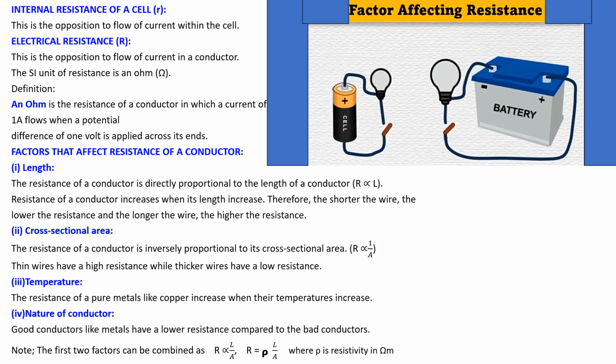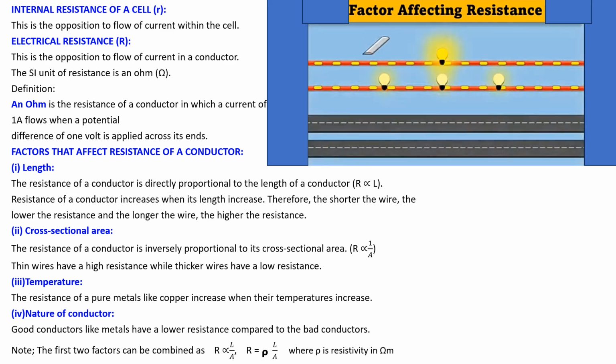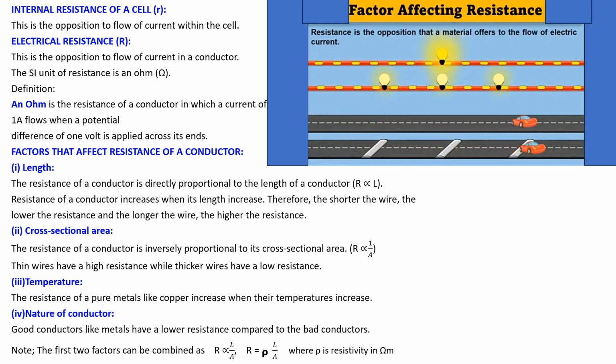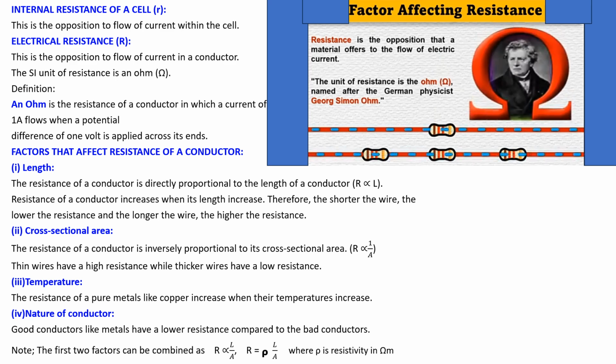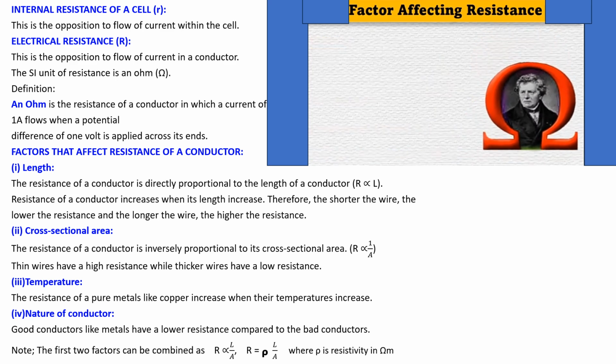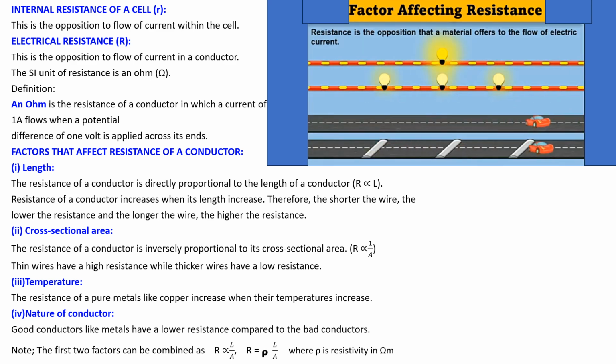Now let's watch this video and expand our understanding of these factors. So as you can see, we have a shorter wire and a longer wire. What is the significance behind this? Let's take a situation where I have a straight rod, and another with humps or roadblocks.